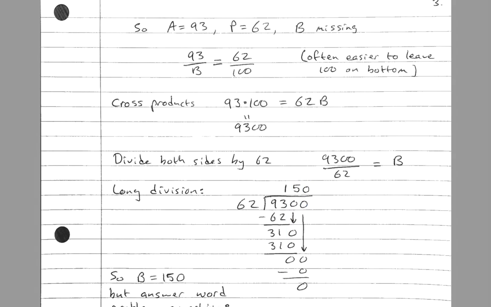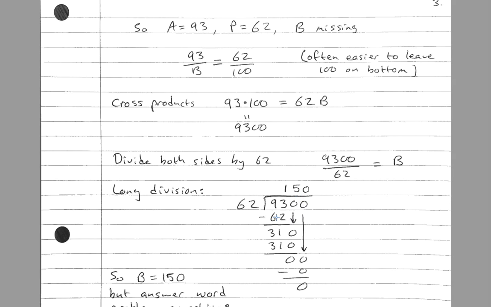When you're doing long division, it's very important to put the numbers on the top in the right place. 62 goes into 93 one time. That 1 has to go above the 3. And that tells us we know we have 2 more digits to fill in.